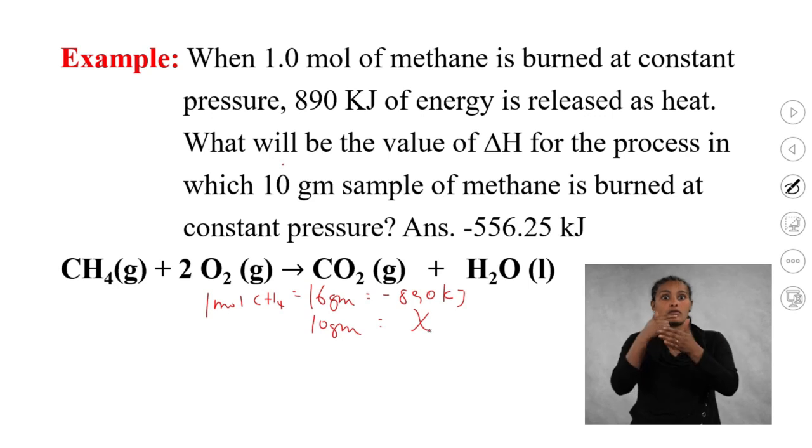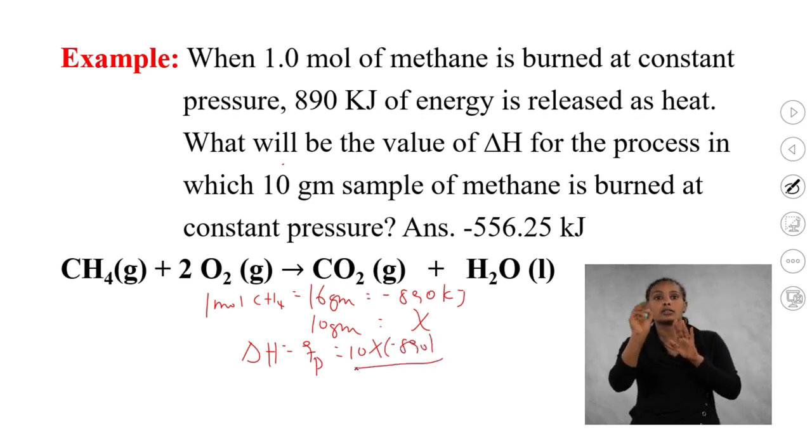From this, delta H equals heat absorbed or released by the system at constant pressure, which is 10 times minus 890 divided by 16, equal to minus 556.25 kilojoules.